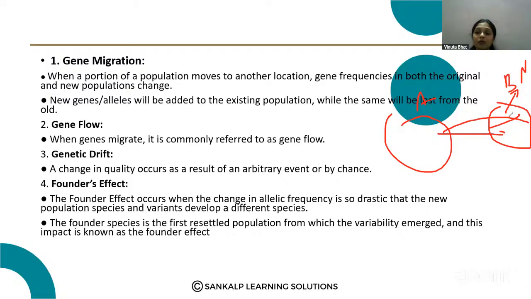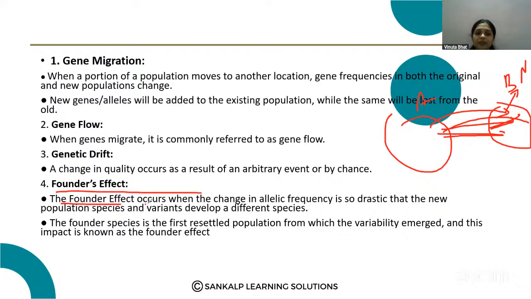So they are the founders of those organisms in that region. Why do we say founder effect? They are the founder organisms in that region. This organism was not present in that region before. So when they suddenly moved, they were the first organisms to develop in that area. So that is called the founder effect.